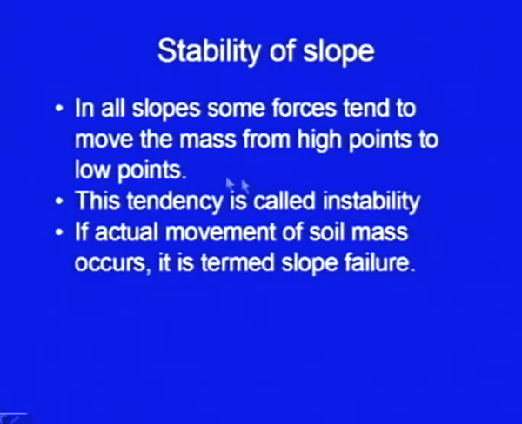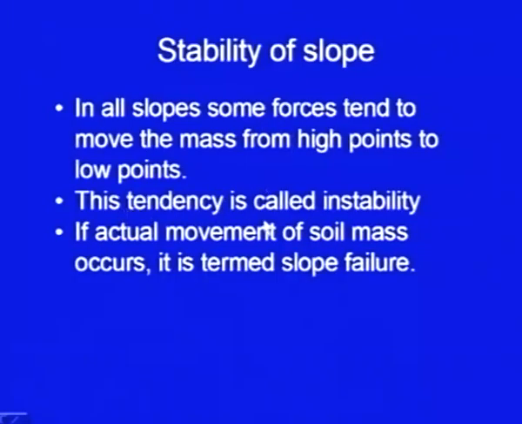As a student of mechanics, you know, because of gravity, if there is a soil mass or any body at a higher level and another body at a lower level, then there are some actuating forces. Because of gravity, there will be a component of gravity force that will try to move the mass from the higher points to the lower points.